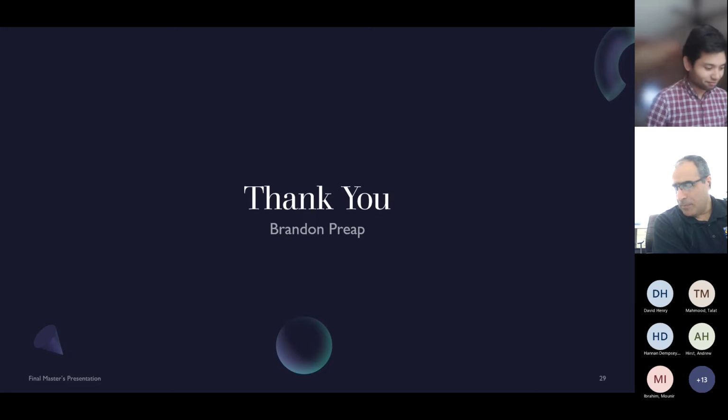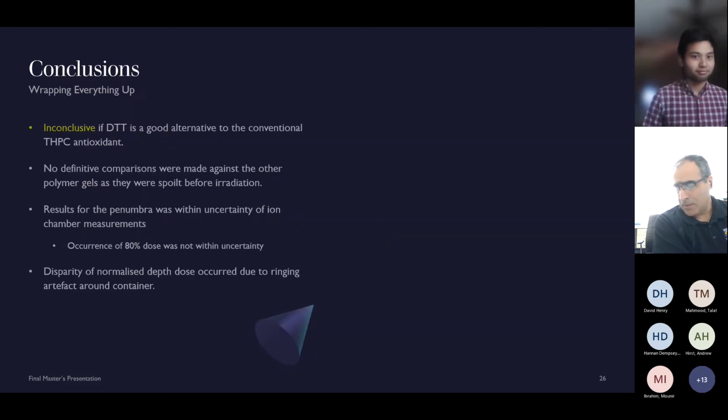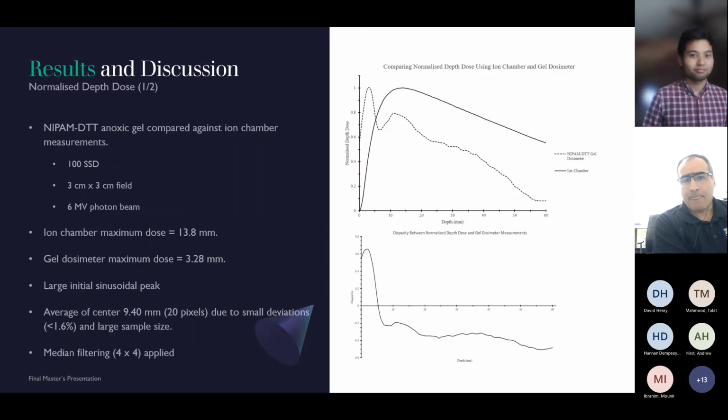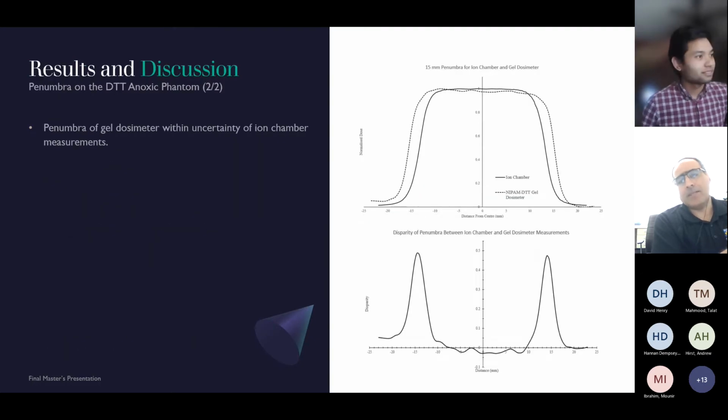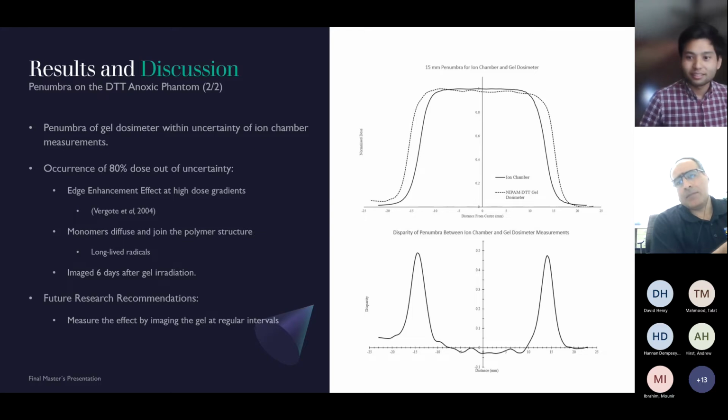So for the penumbra, if you can please bring up the penumbra. Yes, that's great. You can see the comparison between ion chamber and gel. We can see the dose fall-off. Definitely, the dose fall-off for the ion chamber is not as sharp as for the gel.